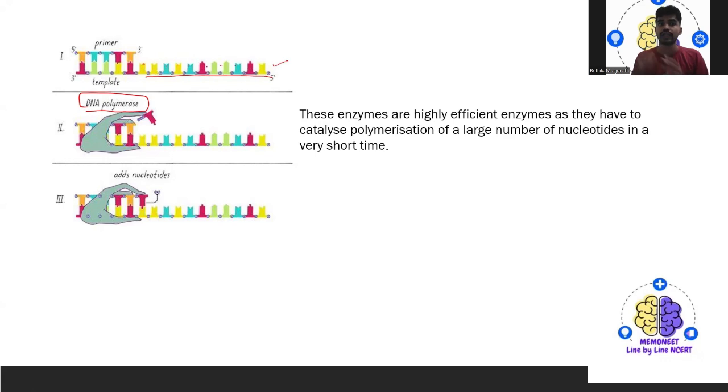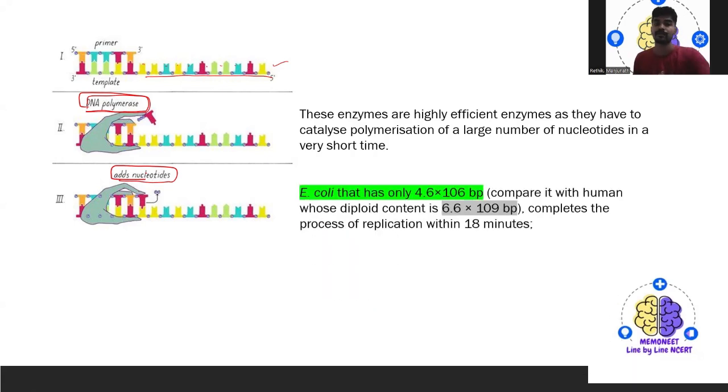So this DNA polymerase is a catalyst which can polymerize a large number of nucleotides in a very short time. That is the addition of nucleotides, not random nucleotides, but those complementary to the base pairs.